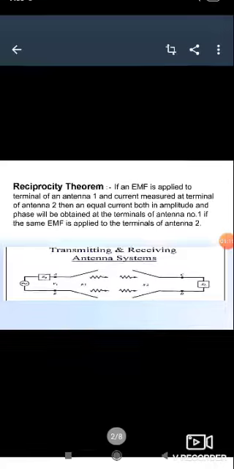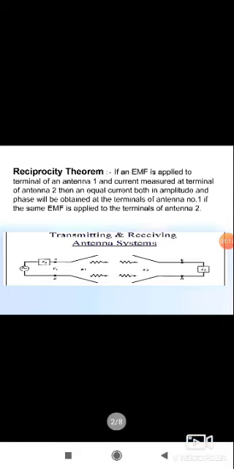You can see the diagram. Here we are taking two antennas and naming them antenna number 1 and antenna number 2. We are applying some EMF to antenna 1 and measuring the current at antenna 2. Here antenna 2 is a load and antenna 1 is a source.